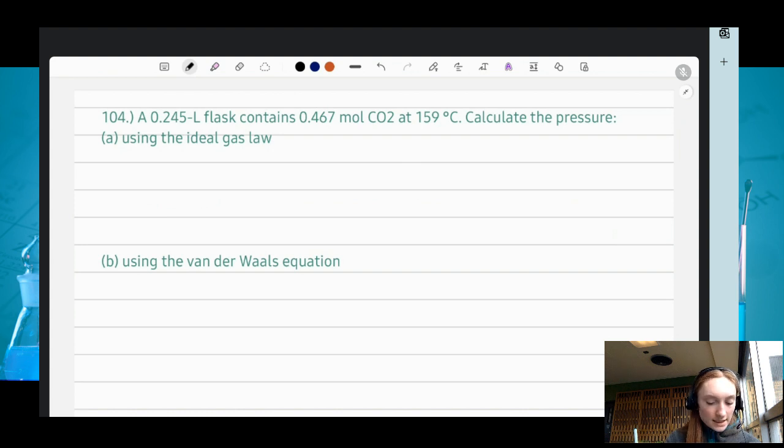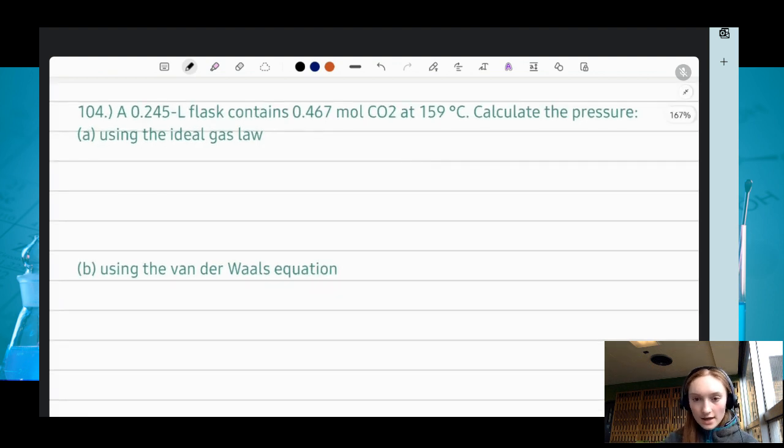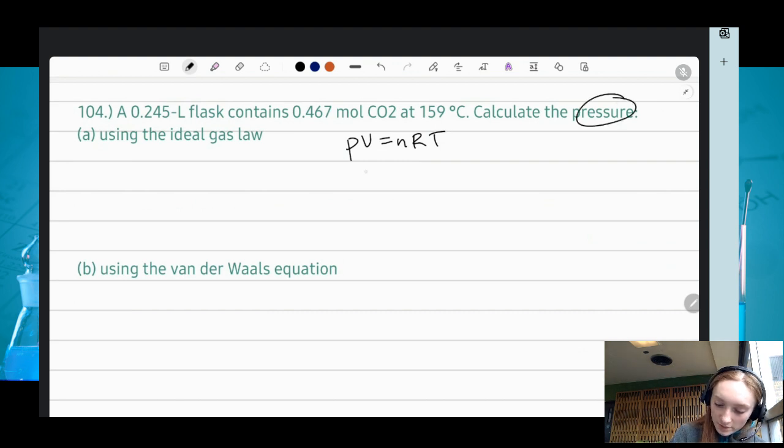With the ideal gas law, this is going to be the same equation we were working with previously, and that is PV = nRT. And so solving for this, we are trying to find the pressure. So this will be P equals nRT divided by V. And so we'll just plug everything in.